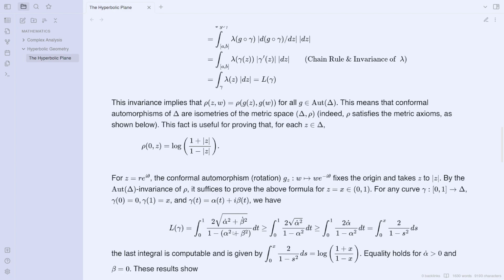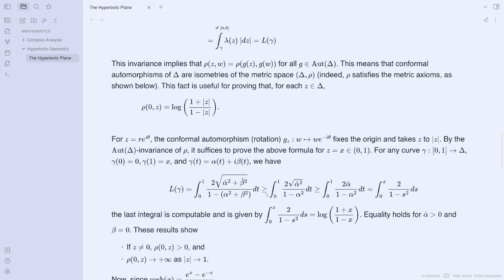And this 2 over this, well, that's the function lambda. So here we have gamma plugged into dz, and here we have gamma plugged into lambda. So I have this integral. And this is just algebra. That's greater than this integral over here, which is greater than this one. And finally, it's greater than this integral right here, which is computable explicitly, and is in fact what we want, which is log of 1 plus x over 1 minus x.